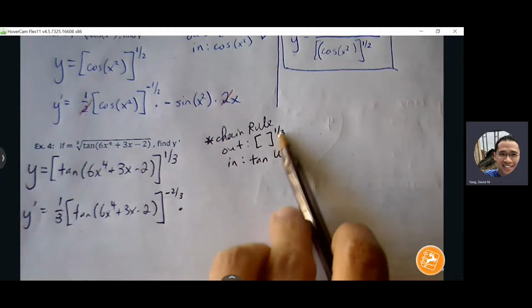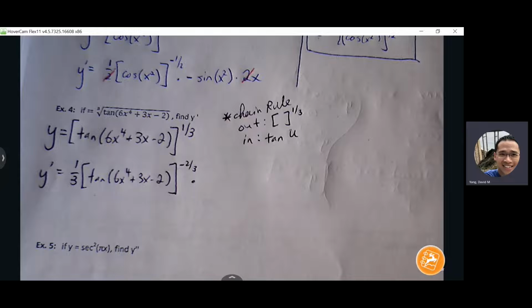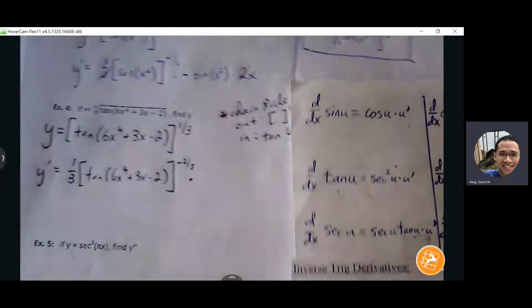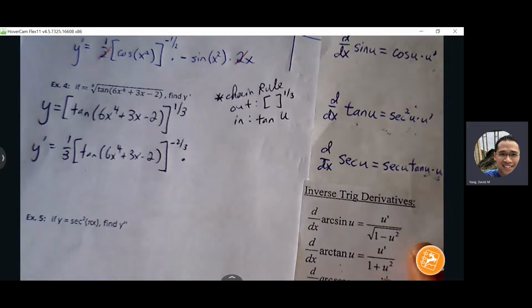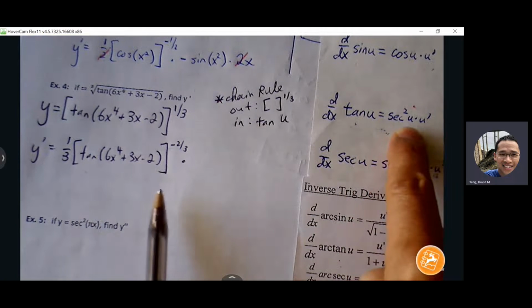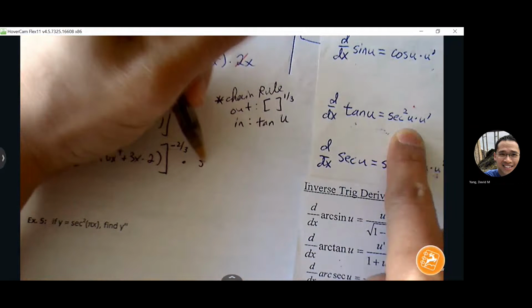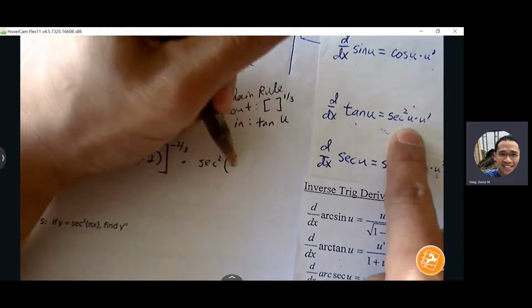Okay, so now that we've taken care of outside's derivative, we have to worry about the inside's derivative. So as a reminder, tangent's derivative is secant squared u times u prime. So if we follow that rule here, what would you put? Secant squared, big parentheses, good.